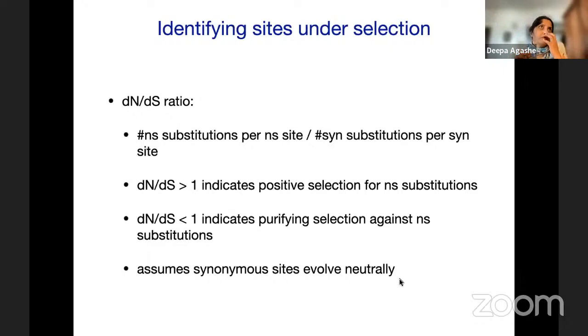So there was a paper a few years ago from Sergei Kryazhimskiy and Joshua Plotkin showing that within populations or within lineages, if you look at comparisons across different groups of populations or different parts of the genome, the assumptions that go into saying that dN/dS is a good indicator of relative amounts of selection don't hold up so well.